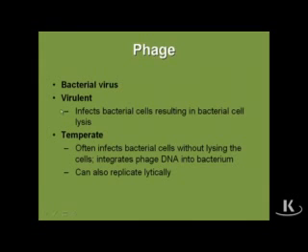All right, so let's start looking at the phage. Again, I mentioned there were two different types of phage. You have a virulent phage that blows up cells, very similar to the poliovirus. And you have a temperate phage. Temperate phage are the ones that can do both. They can be lytic, or they can insert into the bacterial chromosome.